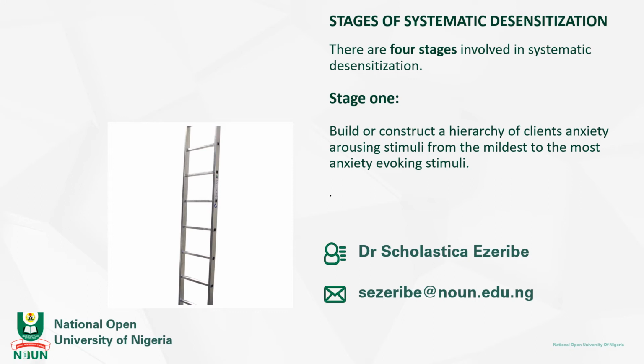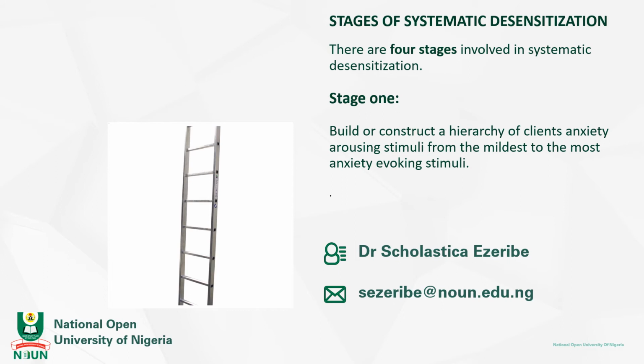So you arrange the client's arousing stimuli from the first one, that is the mildest, to the most anxiety evoking stimuli. For instance, if we look at this ladder now, this is a kind of ladder hierarchy. We start from the lowest one here. Assuming the level of anxiety there is 20%.